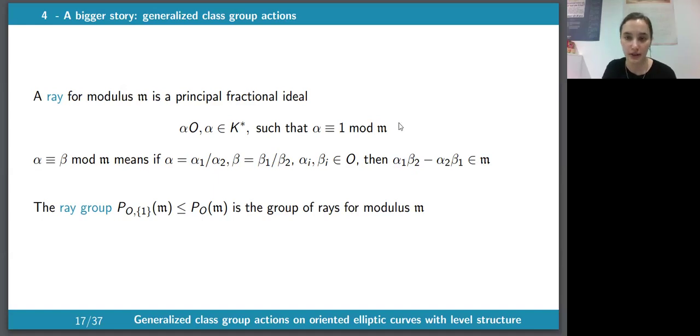Now you can see very easily that the rays form a group. If I multiply two rays together, then this condition will still be satisfied.